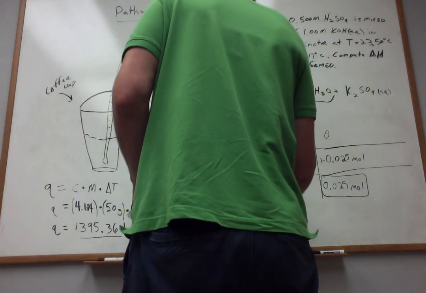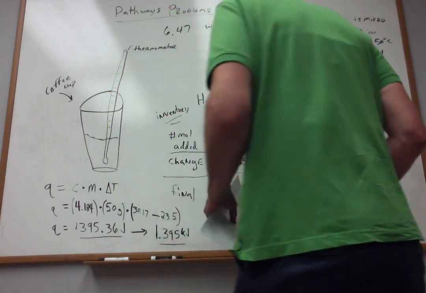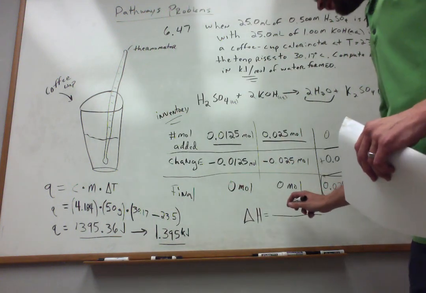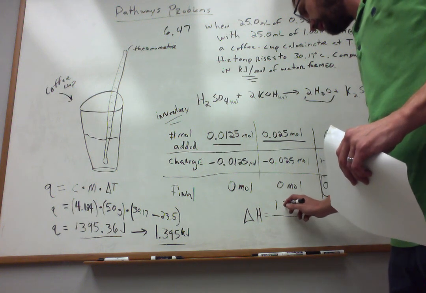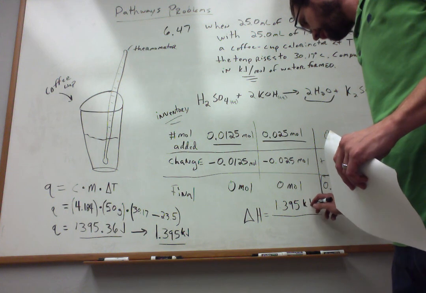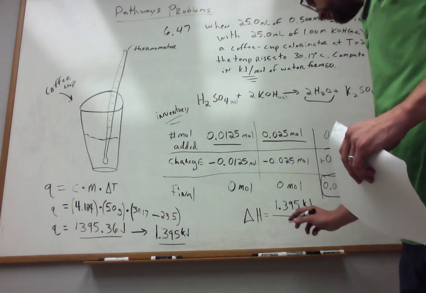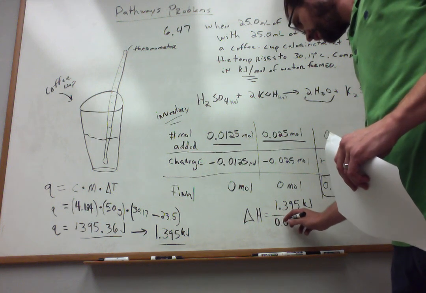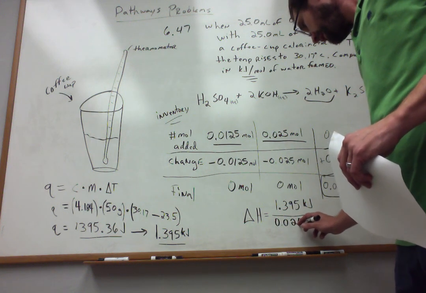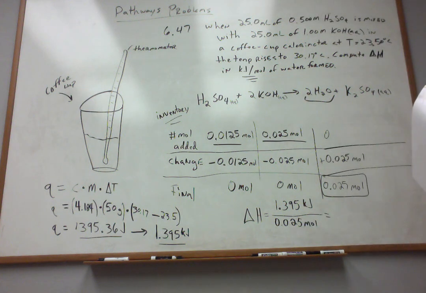And if I want to compute my delta H on a per mole basis, it's pretty easy to do from here because I know that I generated 1.395 kilojoules of heat energy per every 0.025 mole of water that was generated.